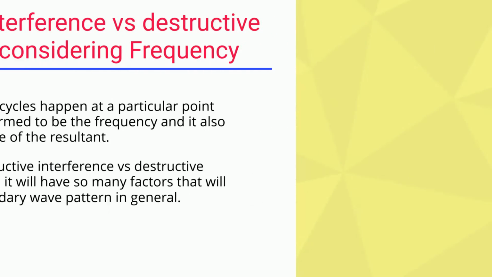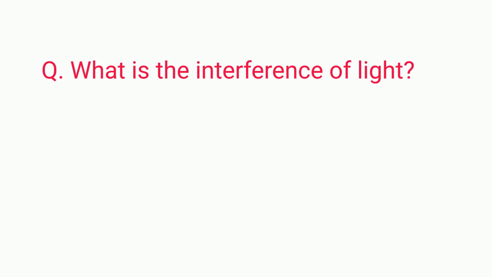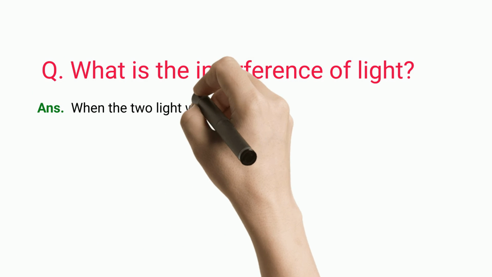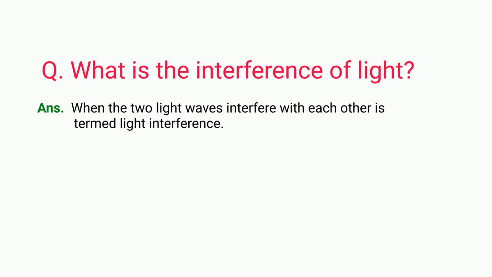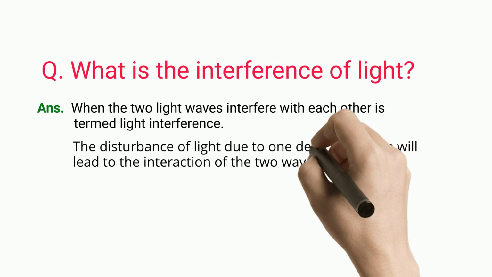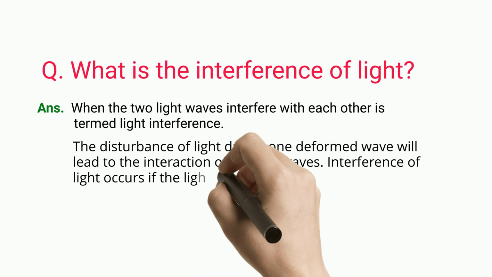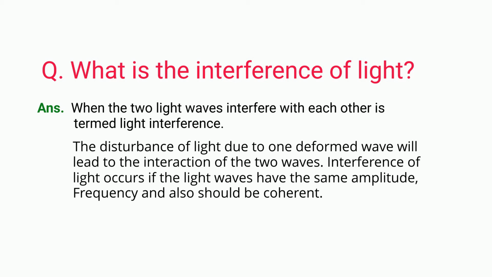Frequently asked questions. What is the interference of light? When two light waves interfere with each other, it is termed light interference. The disturbance of light due to one deformed wave will lead to the interaction of the two waves. Interference of light occurs if the light waves have the same amplitude, frequency, and also should be coherent.